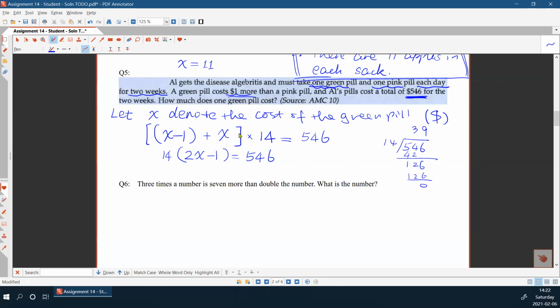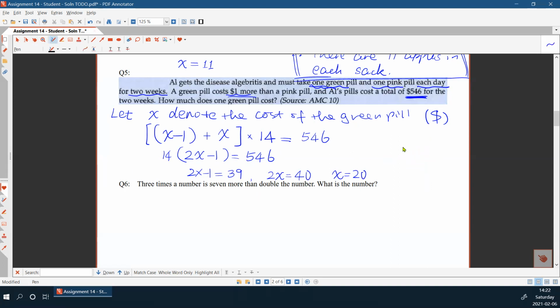Okay, so that means 546 is divisible by 14. So this means 2X minus 1 is 39, right? This means 2X is 40. So X is 20, correct? Okay, because X denotes the cost of the green pill.